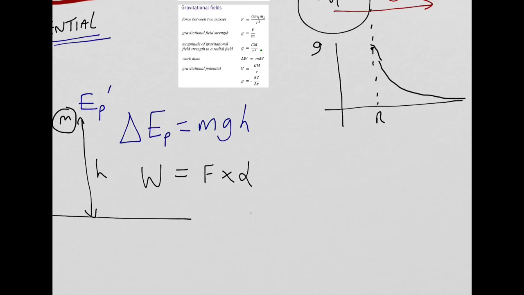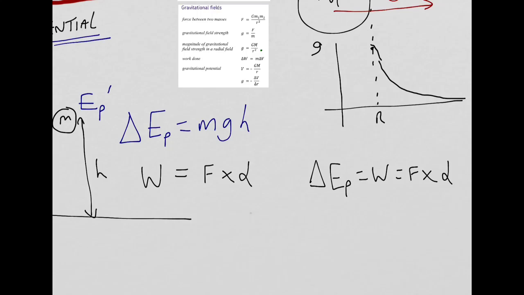If we want to work out the work done or the change in gravitational potential energy, so that's delta EP, which is equal to W, which is equal to force times distance. Okay, so what do we know?